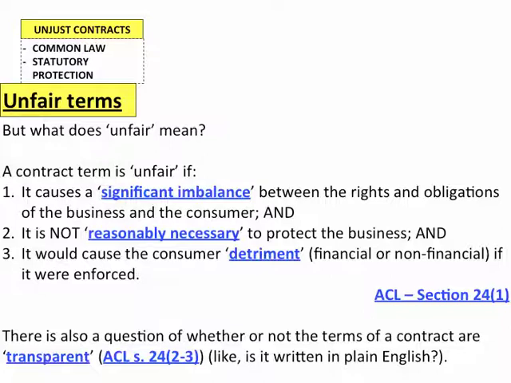So you'll see contracts now are very different to what they were even 5 or 10 years ago, in that they're actually going out of their way to try and put it in plain English, because they know that under the ACL there will be a question if it is not in plain English. Some businesses have had contracts with a whole bunch of double negatives, like the consumer is not able to not do this thing, right?